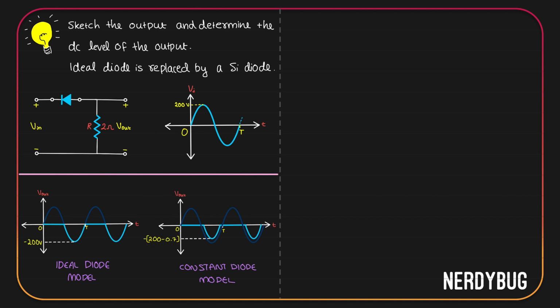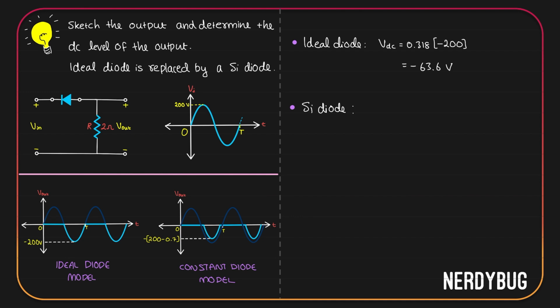Let us calculate the DC values in both cases. In the ideal diode model, it will be 0.318 multiplied by the peak value, which is minus 200. And this gives us negative 63.6 volt.